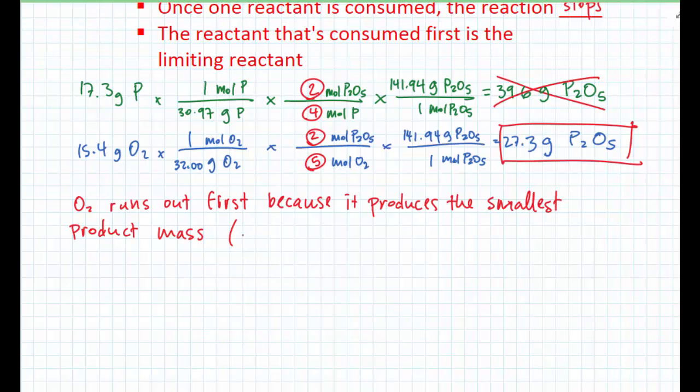Another way of saying that is that the reaction stops when 27.3 grams P2O5 are formed. Okay, let's just say product.